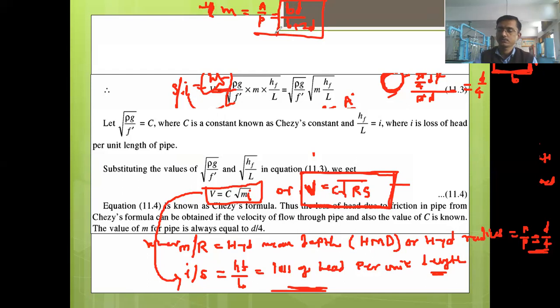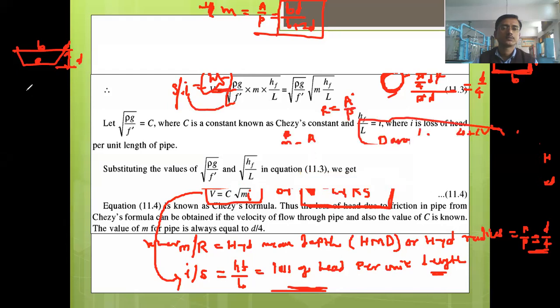The channel can be trapezoidal also. If the channel is trapezoidal, again the formula will be different. Suppose this is A, this is B, and H is the height, or D is the depth.